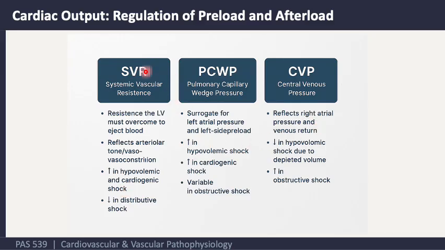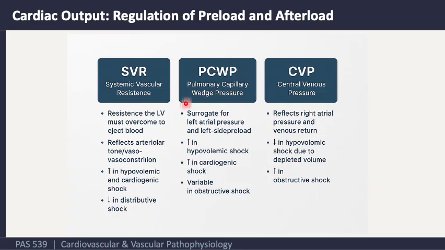A lot of times I see these terms used in the ICU when you're trying to accurately measure the patient's hemodynamic status. The SVR can be decreased in distributive shock.